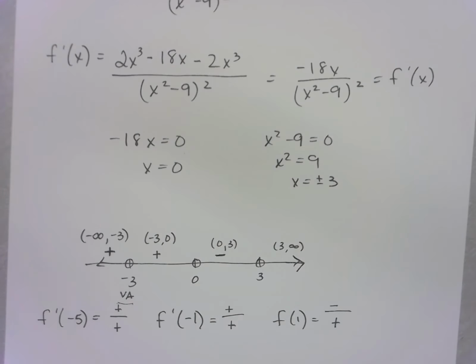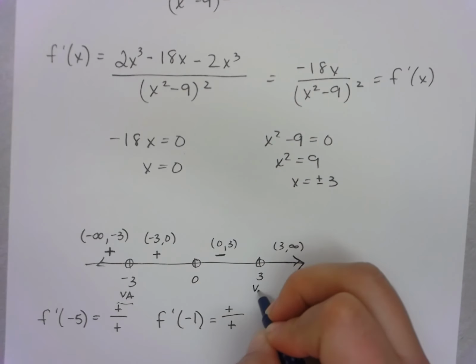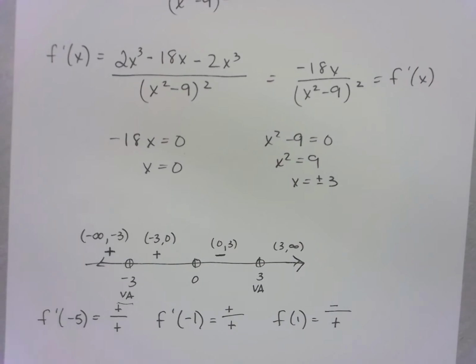So now I found my first decreasing piece of my graph. And also this over here is a vertical asymptote. The reason I keep this in mind is because even though these side-by-side intervals are increasing, we need to write them separately because there's a spot here at 3 that's not increasing. It's actually a jump over a vertical asymptote.